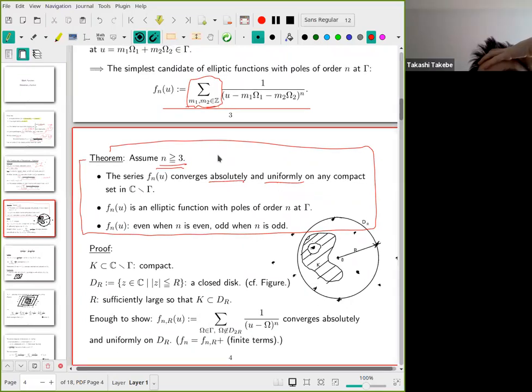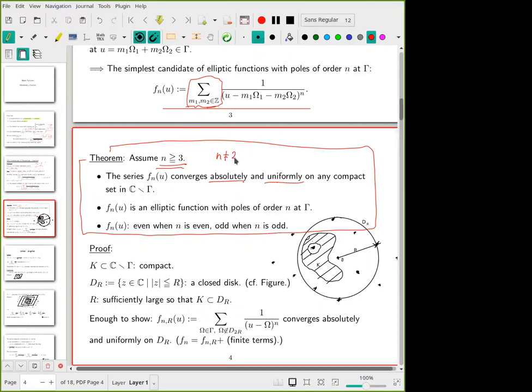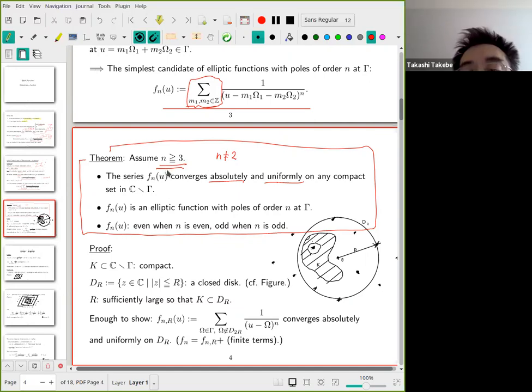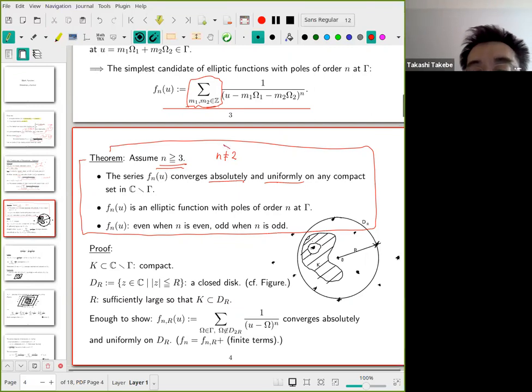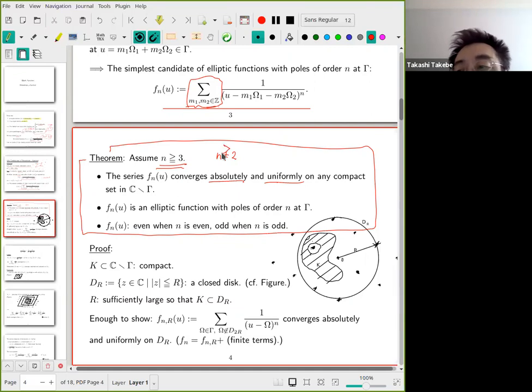Well, n cannot be 2. Okay, understand. So if n is bigger than 2, as I said, it has a pole at each lattice point of order n, and this is an elliptic function.